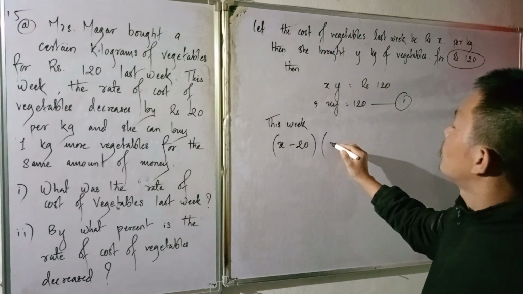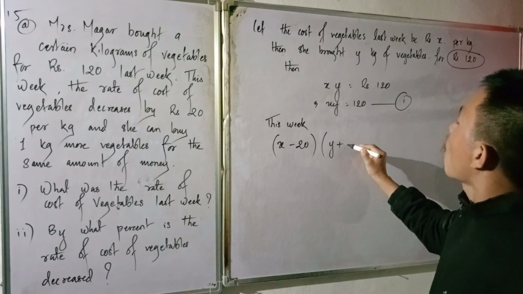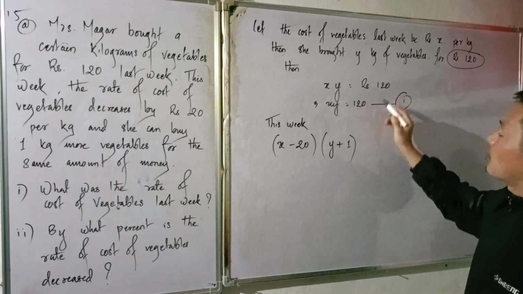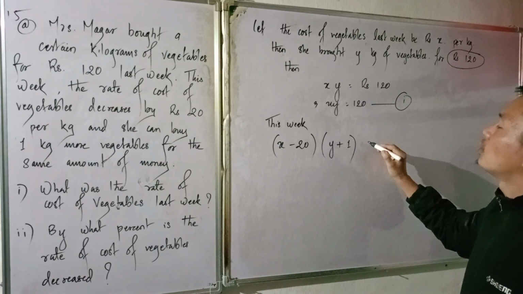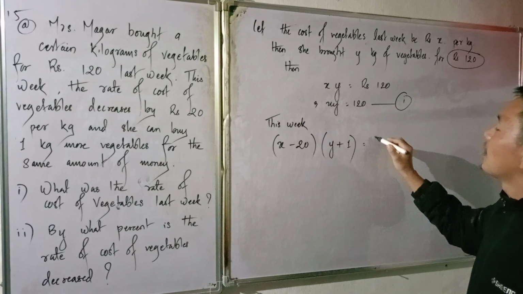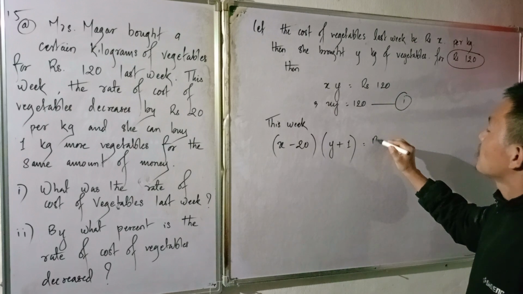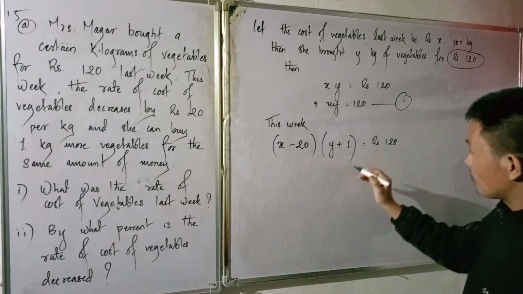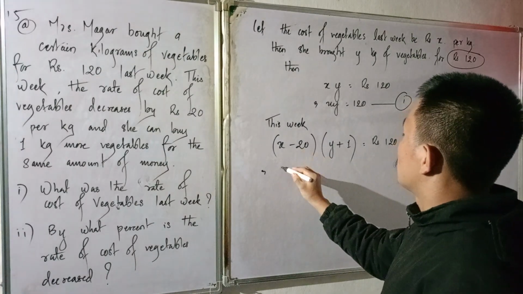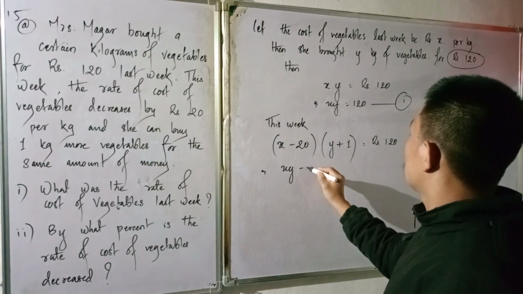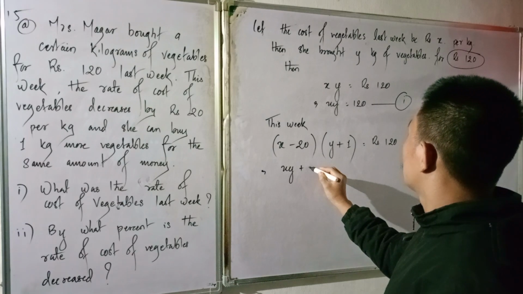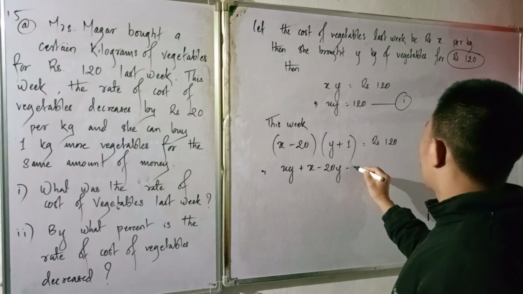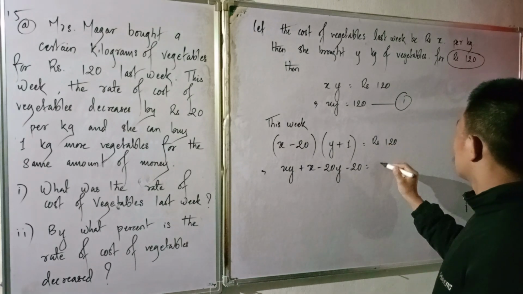Now she can afford 1 kg more this week by the same amount, that is 120. Now you simplify. This becomes xy minus 20y plus x minus 20 is equal to 120.